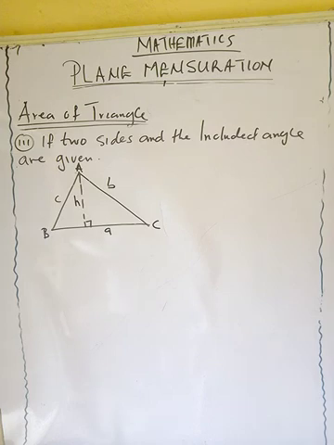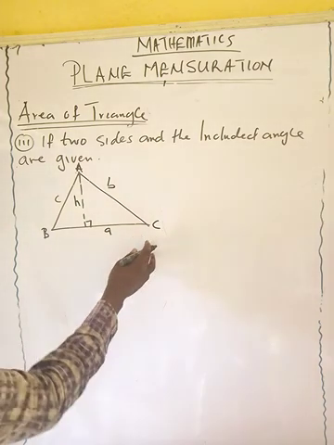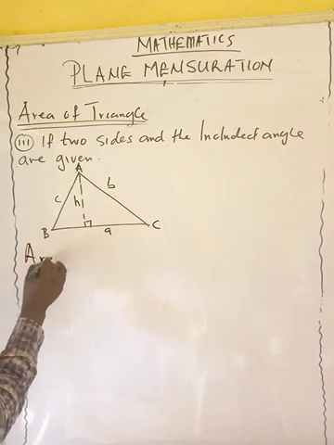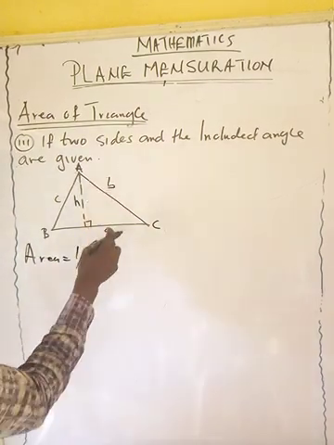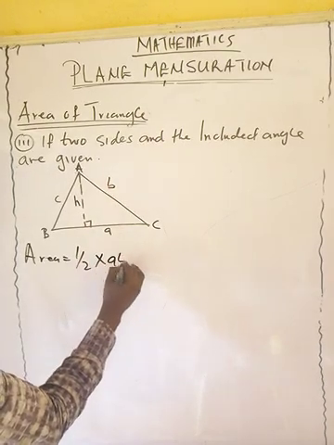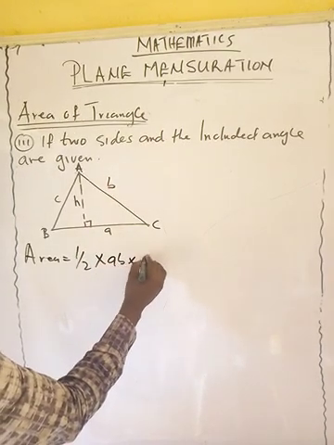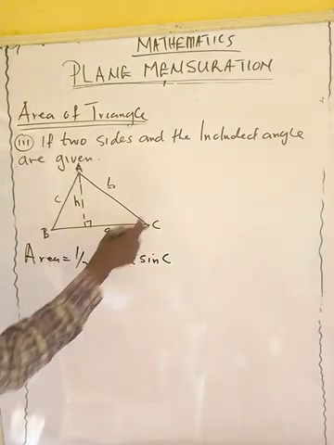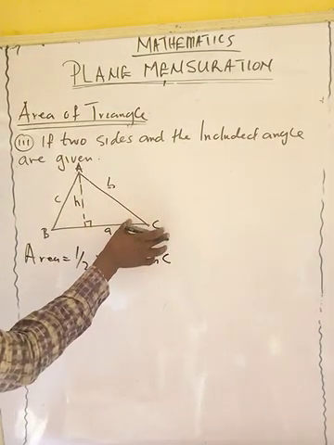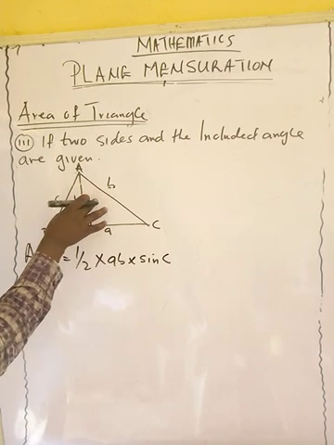To calculate the area, it will be half of AB times sine C. So area equals half times AB, if you are using AB, then times sine C. AB times sine C. Sine C is the one facing the height.